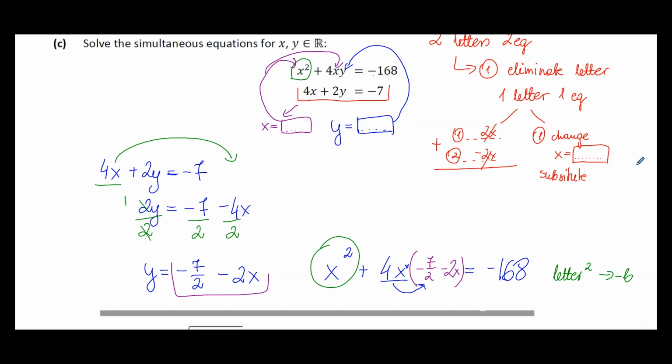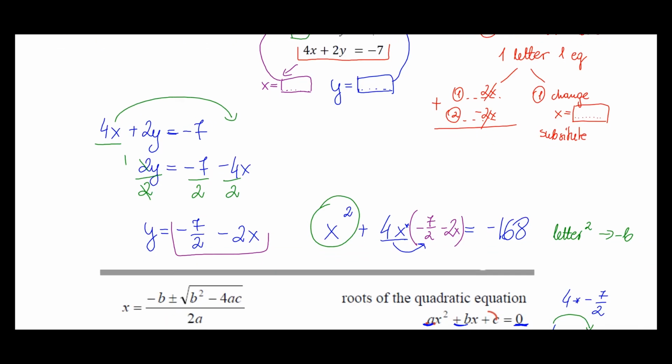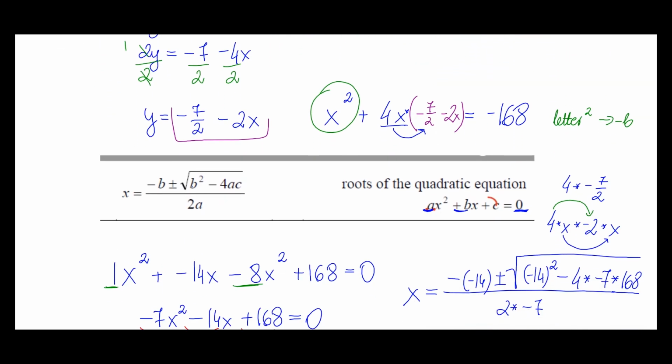Now that I have the value of x, I can remove x and place the number there, and therefore I am only left with y. I can solve it in any equation I want. However, this equation is already ready for me. All I need to do is to replace that x, so that's the one I'm going to use.